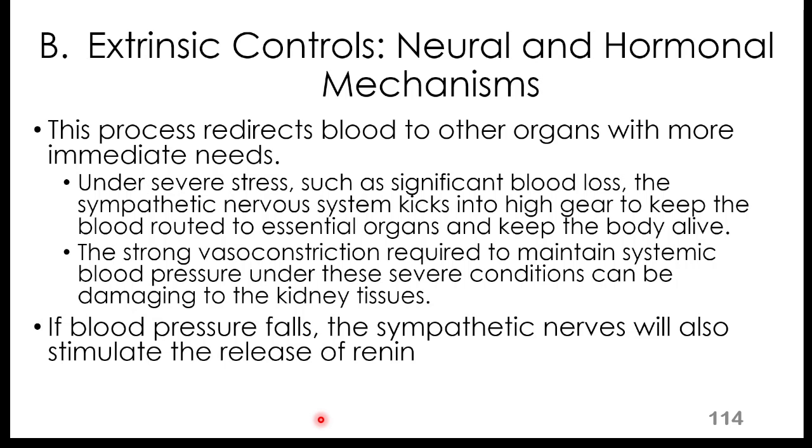Now, when somebody has hemorrhage and is losing blood, the blood pressure is going down. Perfusion of the organs is not optimal, right? That's a situation of high stress, right? Now, the sympathetic nervous system will be stimulated strongly, and it will lead to vasoconstriction, which will involve the kidneys along with other organs. All right, so this will attempt to maintain the blood pressure in organs that are needed to keep the body alive.